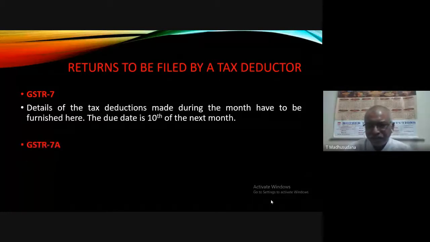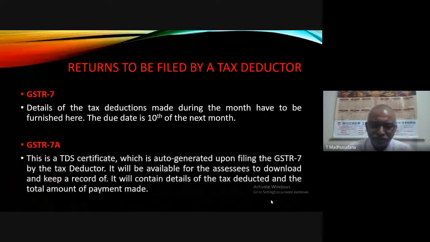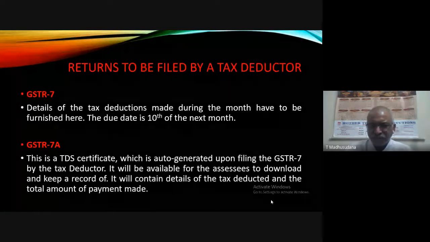Next, GSTR 7A. This is a TDS certificate, which is auto-generated upon the filing of GSTR 7 by the tax deductor. If the tax deductor files GSTR 7, automatically GSTR 7A is auto-populated.